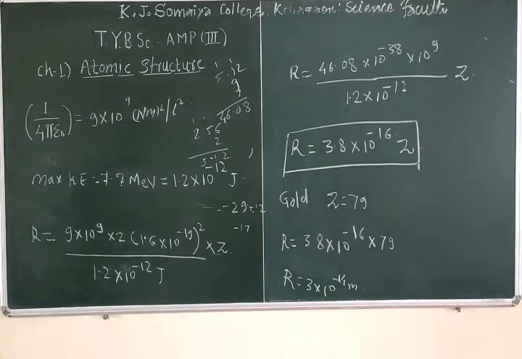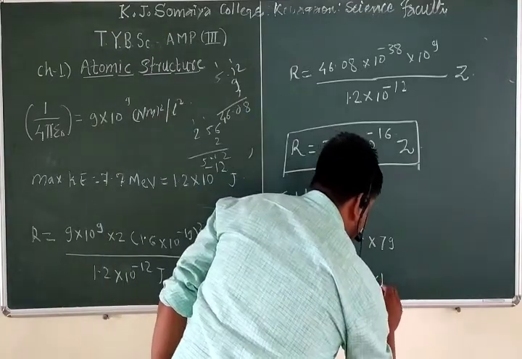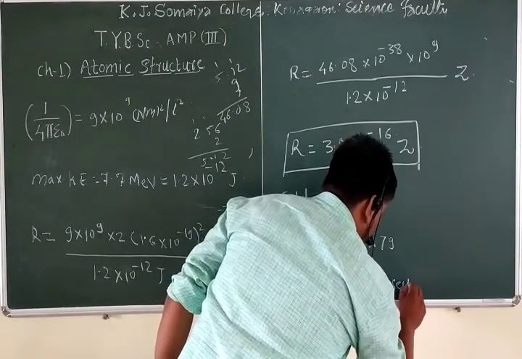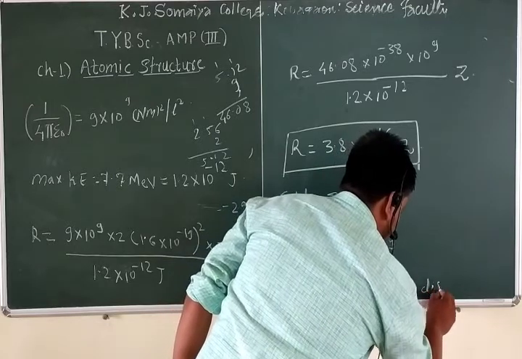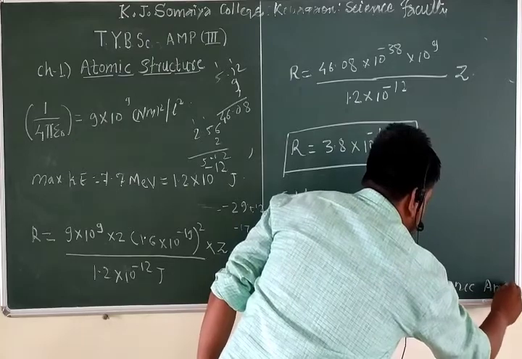That is the rough calculation. The observation is that the gold nucleus is smaller than 10^-14, because this value is the closest distance of approach.